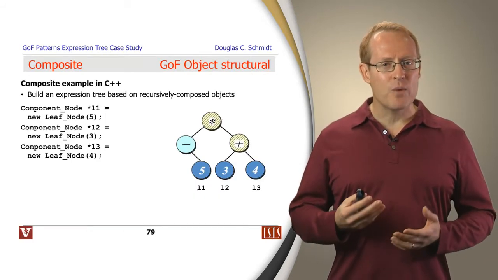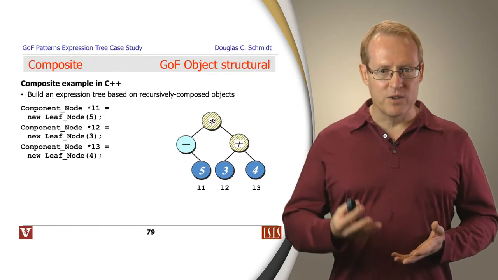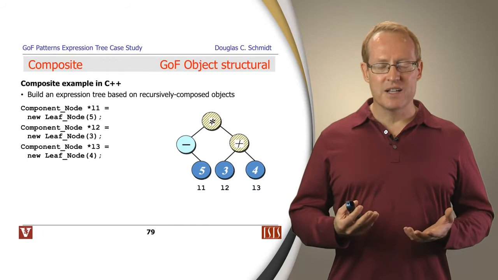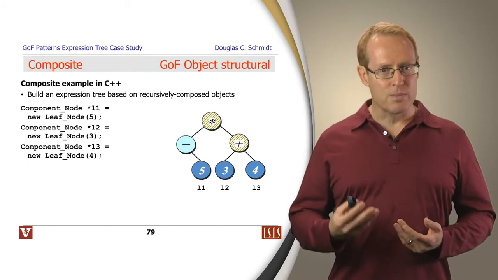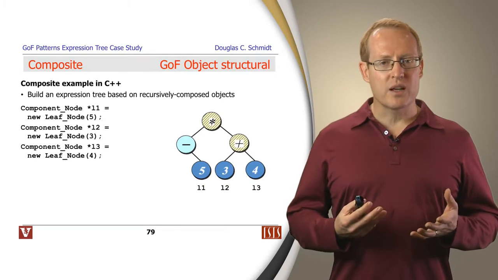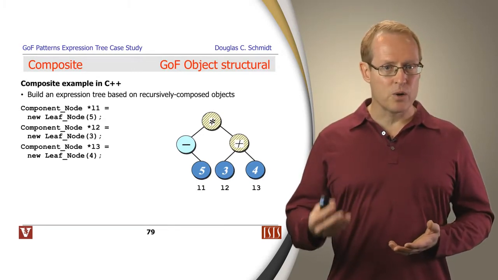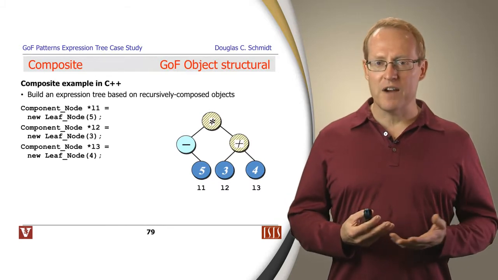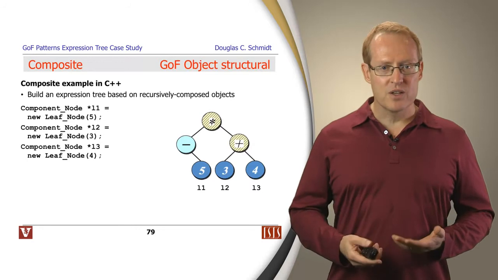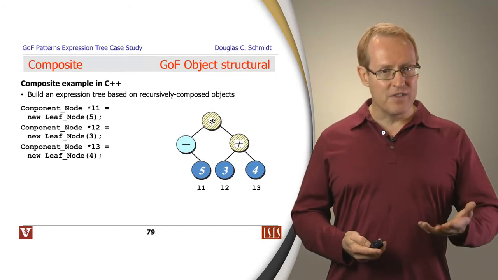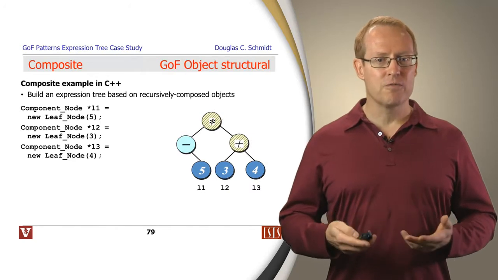Here's an example of how we could use this pattern to implement a particular expression. If you take a look here, we have an example where -5 is being multiplied with 3 plus 4. So we can use the composite pattern to build the expression tree based on these recursively composed objects. We'll start out by defining a number of component nodes that point to leaf nodes. So we have a leaf node for the operand 5, a leaf node for the operand 3, and a leaf node for the operand 4.